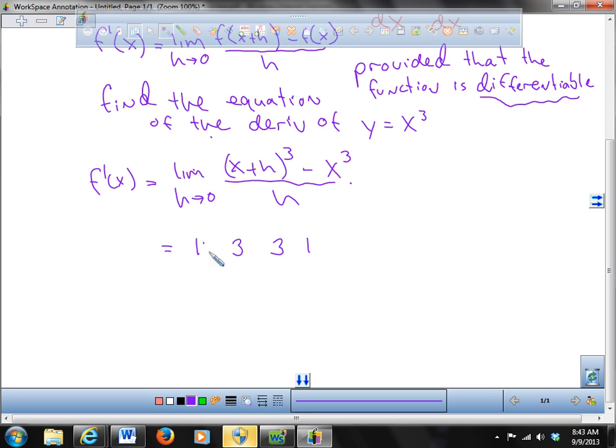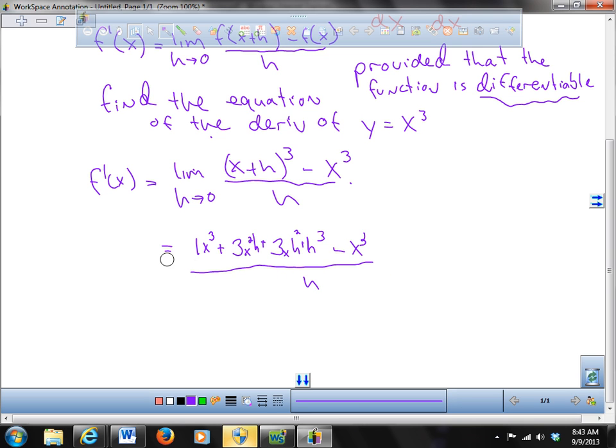And it starts off with an x cubed, plus, then the x cubed goes down to an x squared h, plus, then the x squared goes down to an x, and the h goes up to an h squared, plus 1h cubed, minus x cubed, over h.